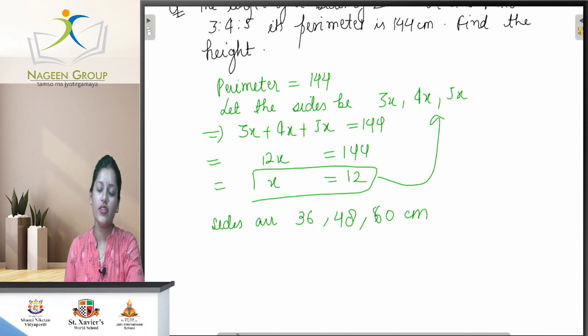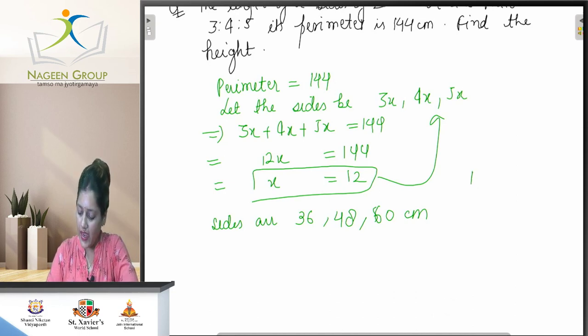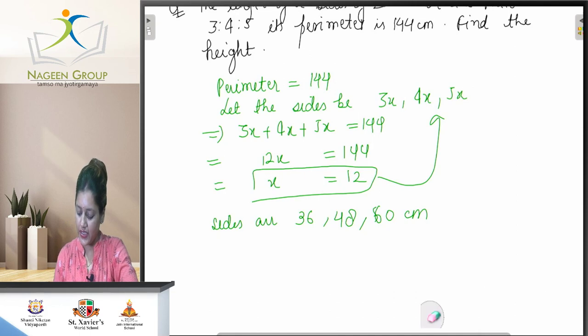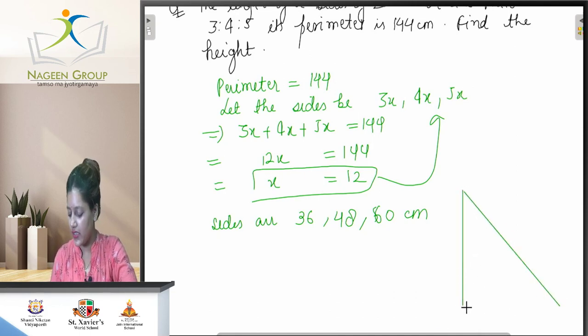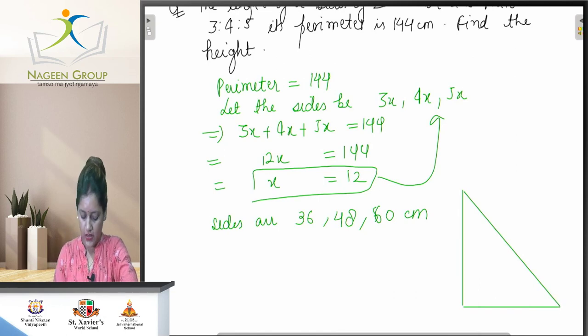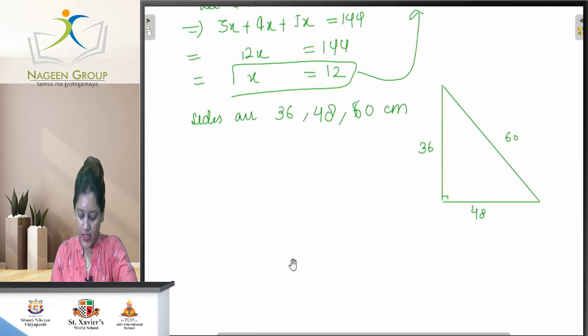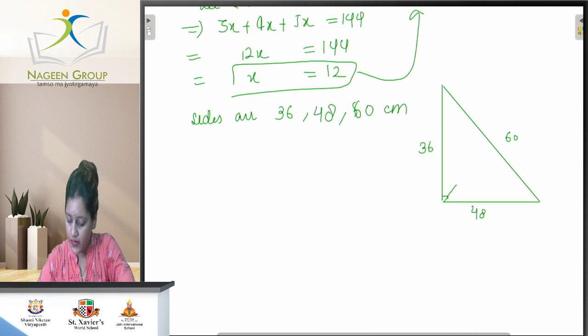So this is actually a right angle triangle. Which triangle is it? Right angle triangle. Why? Because 36, 48 and 60 satisfy the Pythagoras theorem. So you have to find the corresponding height.